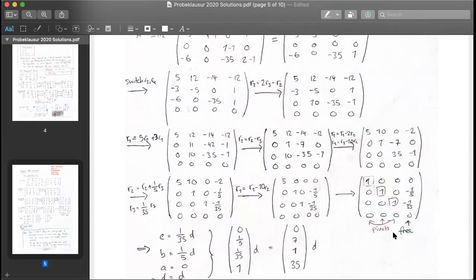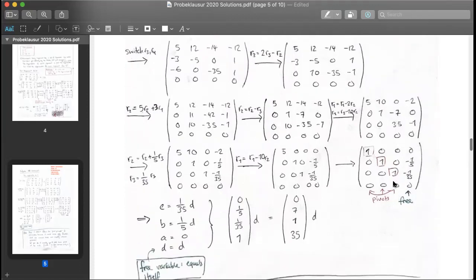And how do you know which column has a pivot and which column doesn't? Well, obviously this row doesn't have a pivot because it doesn't have any non-zero entries. So this column doesn't have a pivot anywhere. So this is going to be your free column, and these are going to be your pivot columns.